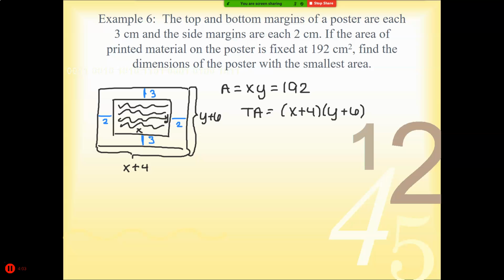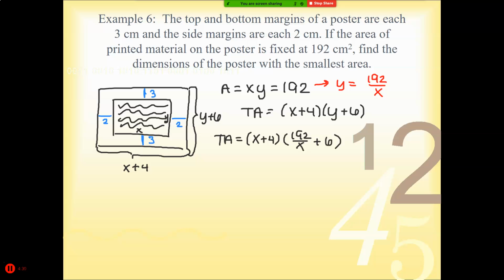So let's say in this case that I solve the top formula for y. I'm going to substitute or replace y in my total area formula, thus making my total area equal to x plus 4 times 192 over x plus 6.